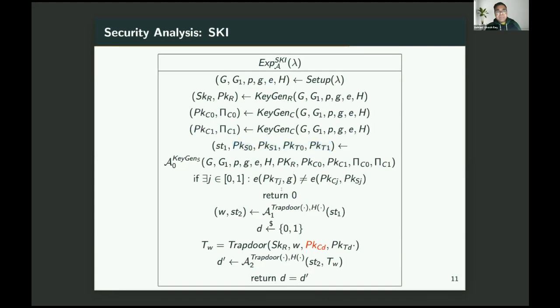At a certain point in the game, one of those two servers is chosen at random by an unbiased coin.